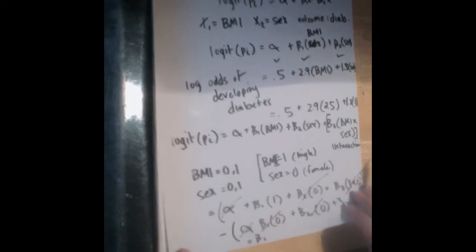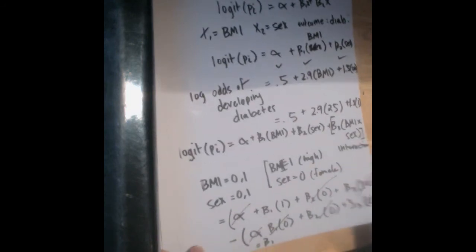Where this starts getting a little bit complicated is when you have a 1 and a 1. So I'm moving my paper away. We're going to say BMI equals 1, sex equals 1, and then we're going to do this equation again. We have our constant term here, and then beta 1 times 1 plus beta 2 times 1 plus beta 3 times 1 times 1, so that's going to end up being 1.